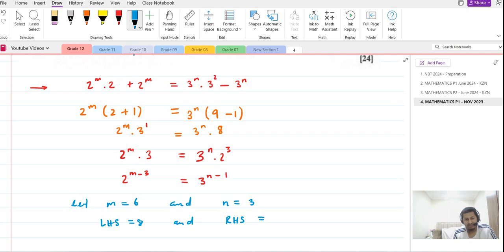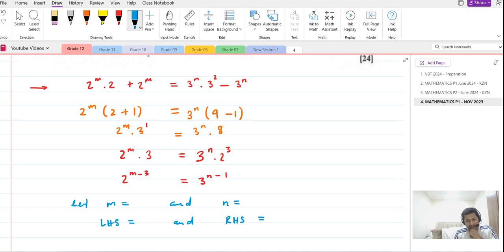So that doesn't work out. Right, so I'm going to try different values of m and n to solve this. If m is 0, 0 won't work. Does 1 work? I'm going to get a quarter. Does 2 work? If I substitute 2 inside here, I'm going to get 2 to the power negative 1.